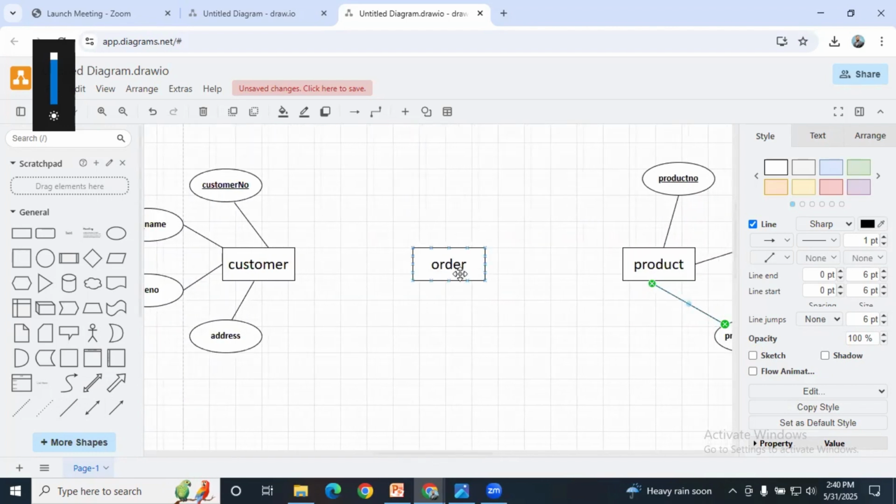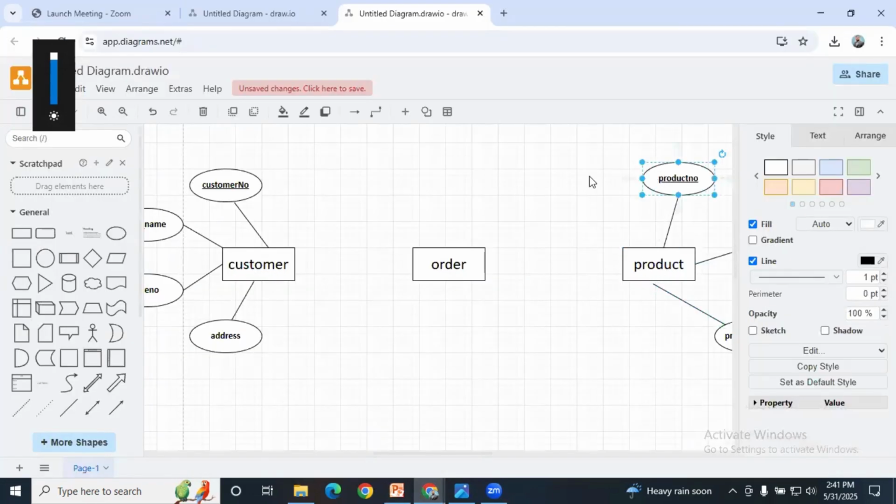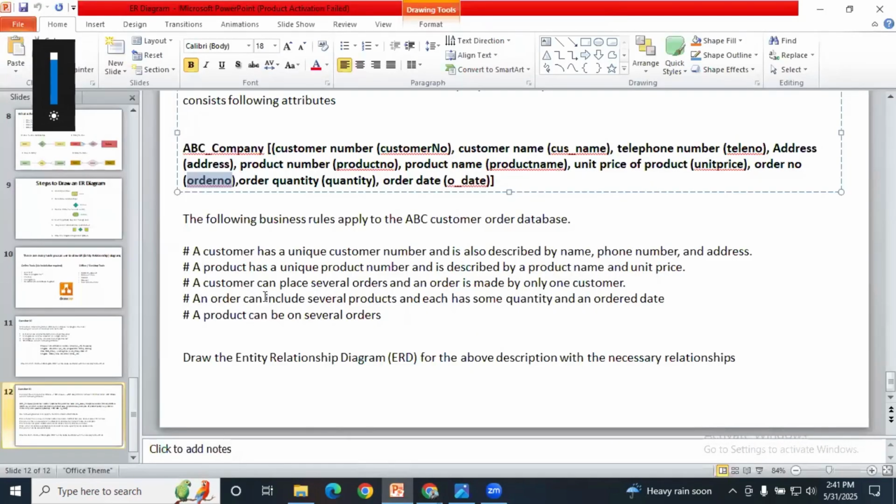Another thing is they are saying an order can include some. In the attribute section, they are mentioning order number, order quantity, and order date. These are the three attributes we can assign to the order entity. So the first one is what?